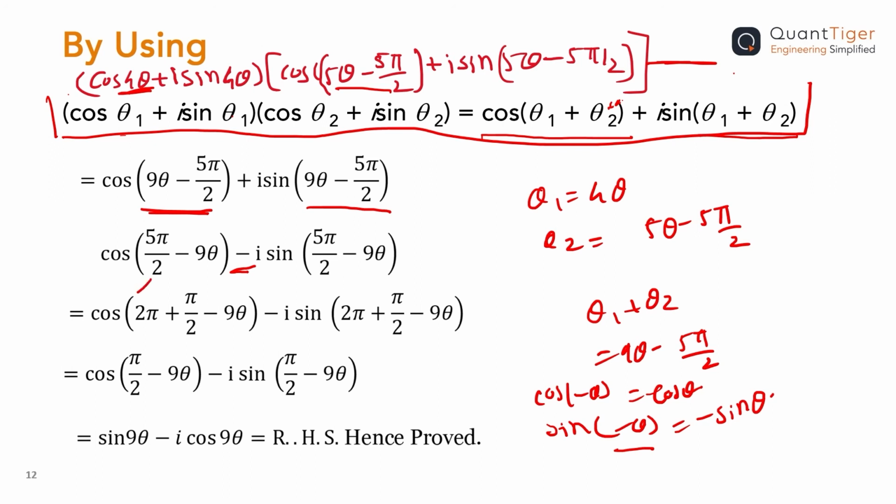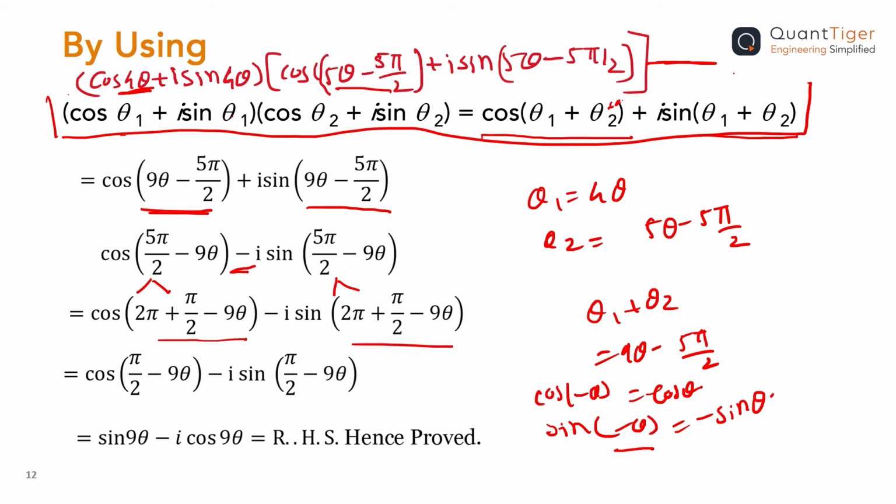Now what we have done here is that I have split 5 pi by 2 in such a way that I should be able to write some value in terms of angles, like 2 pi plus pi by 2. If you add them, ultimately it will give 5 pi by 2. So I have split that in such a way that I should be able to write some value.